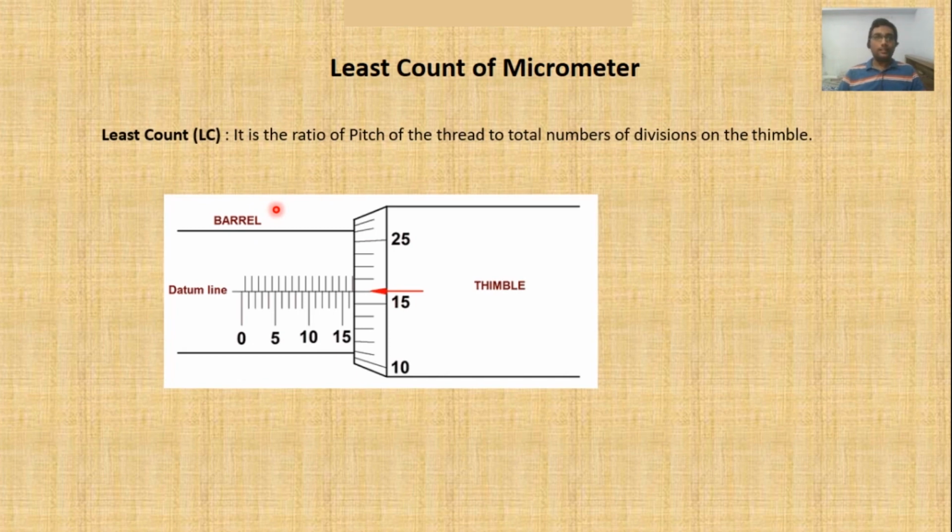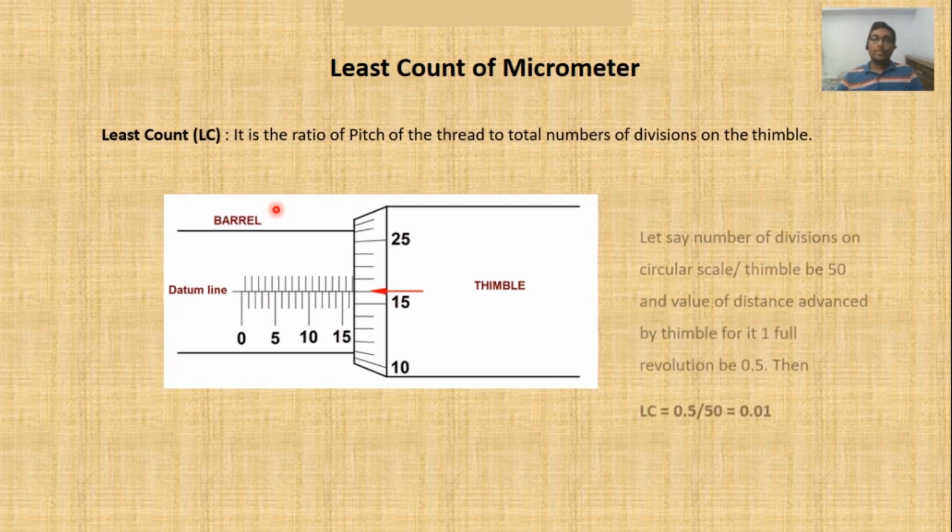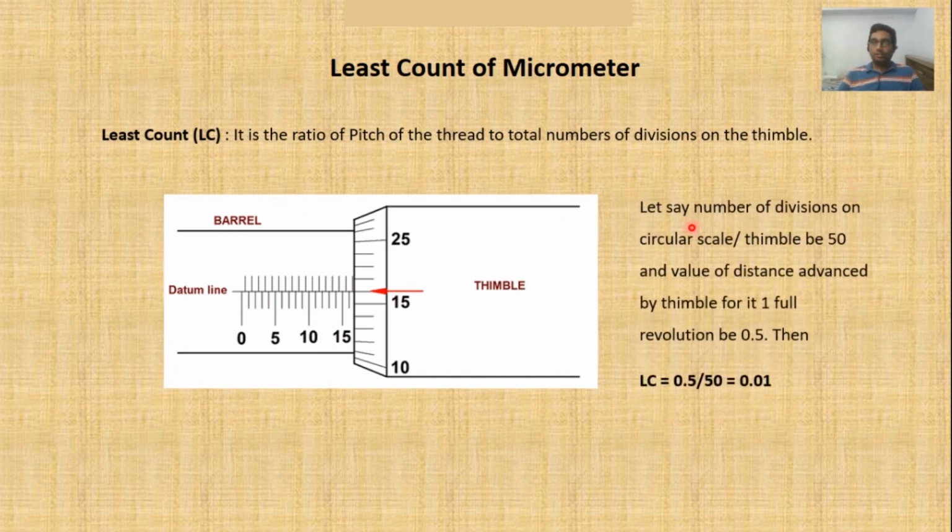So the least count can be calculated as, let's say the divisions on the circular or thimble scale be 50 and the distance advanced by the thimble for one full revolution be 0.5 mm. Then the least count will be 0.5 divided by 50, that is 0.01.